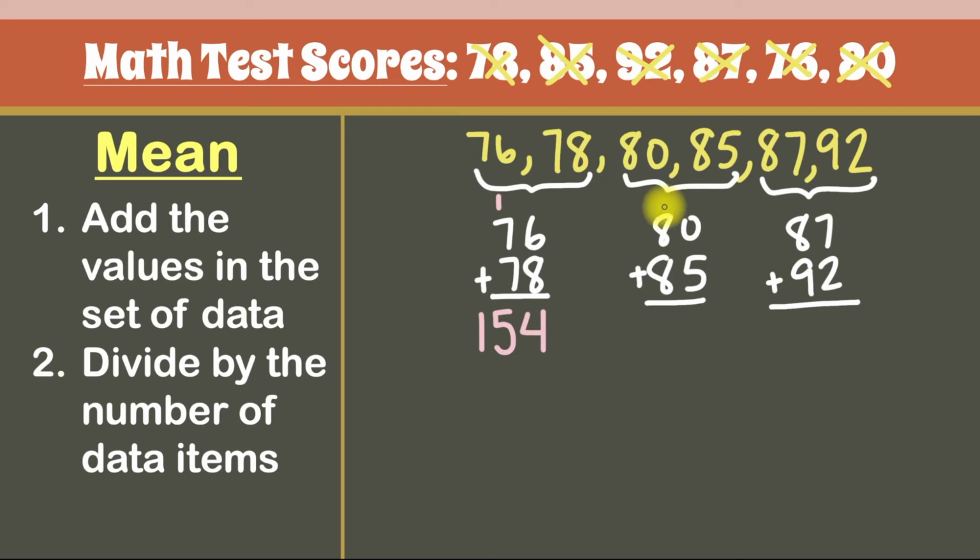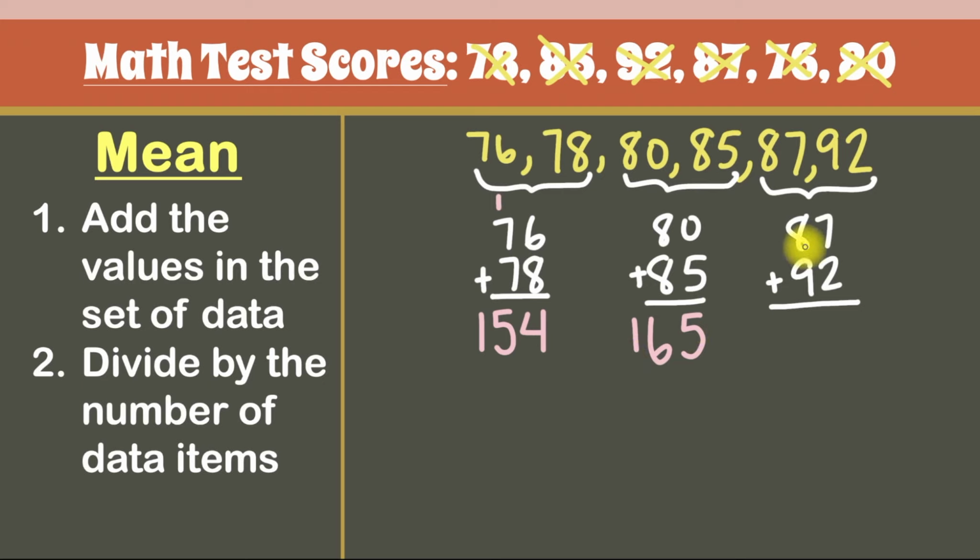Next, we'll add 80 plus 85. And again, whenever we're adding whole numbers, we always start with the ones column. So 0 plus 5 is 5. And 8 plus 8 equals 16. So our sum for these two numbers is 165.